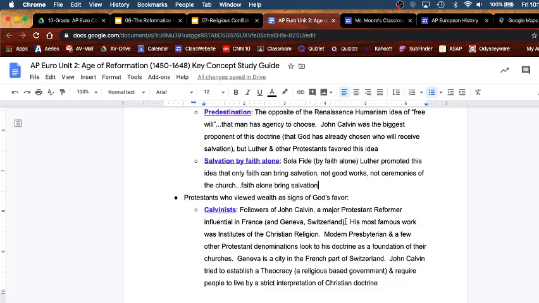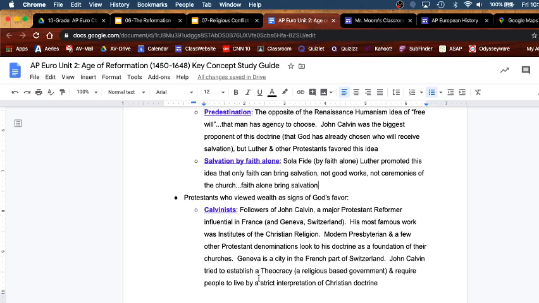So Calvin's most famous work was Institutes of the Christian Religion, a book that he wrote while trying to make Geneva, Switzerland like a Christian haven. He actually tried to turn it into a theocracy right here, okay? So modern Presbyterian and a few other Protestant denominations took his doctrine as foundation of their churches, and Geneva is a city in the French part of Switzerland.